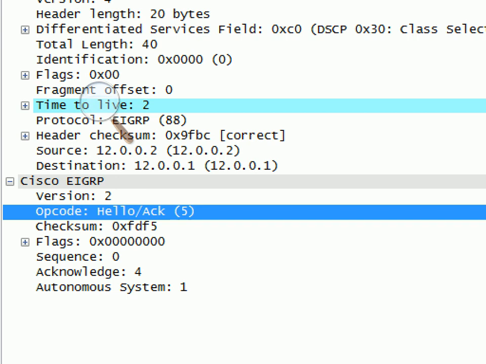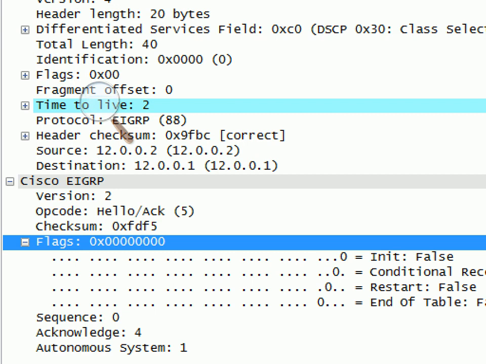Acknowledgement is similar to hello packet. Only the difference is in the opcode. In the case of hello, it is hello. In the case of acknowledgement, it is acknowledgement. All other things are same. But in the original hello message, we have some other contents also, like hold time, AS number, K values. But in the acknowledgement message, there is nothing like this. So acknowledgement is just like a hello message with no contents of the hello message. Fine.